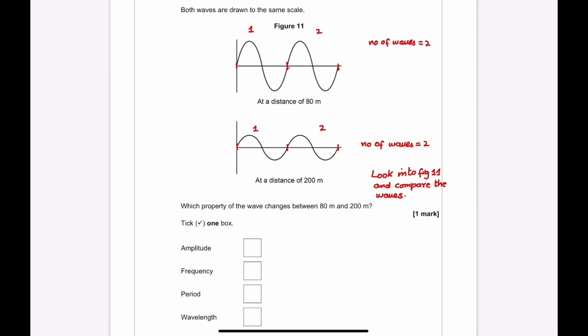The amplitude is actually the distance from the mean position. We can see here the distance from the mean position here is higher as compared to this one. The main difference between these two wave patterns is the amplitude of the waves. So the correct option is amplitude of the waves.